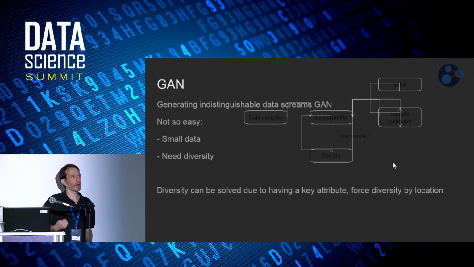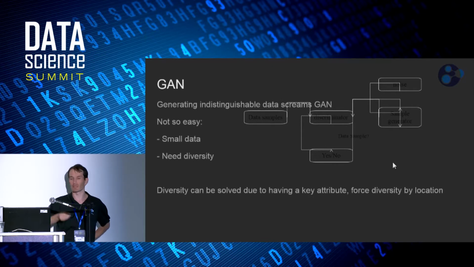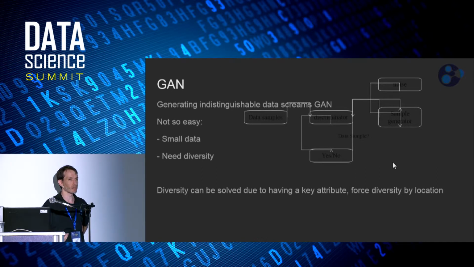Now, defining diversity is difficult in the general case, but in the examples I gave, and I assert that they're a common case, we had a key attribute. We had a location as a key attribute. So by simply imposing diversity only on this one attribute, even if a store has many other attributes we should consider, size, number of employees, storefront, we can impose diversity only on one attribute, and if it's diverse on that attribute and still inseparable from the past locations, then it's a valid candidate to consider.